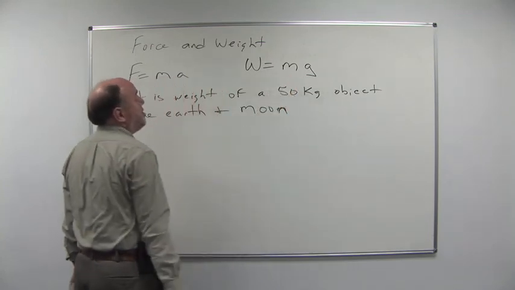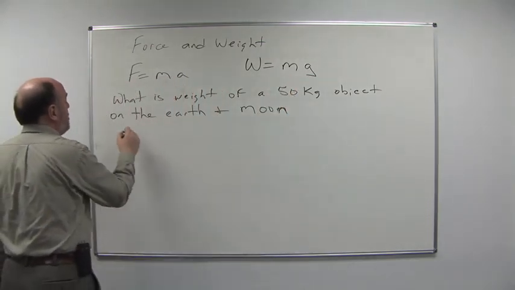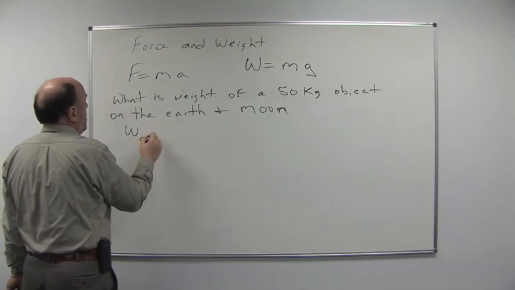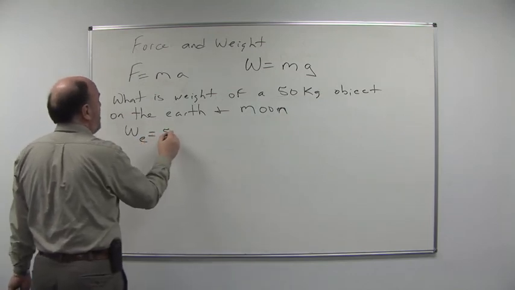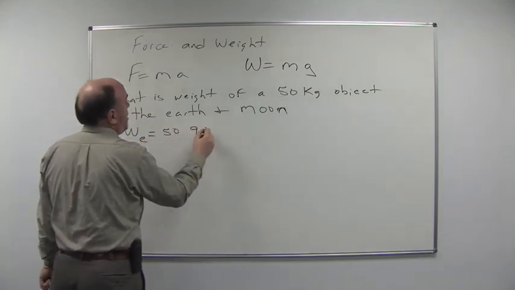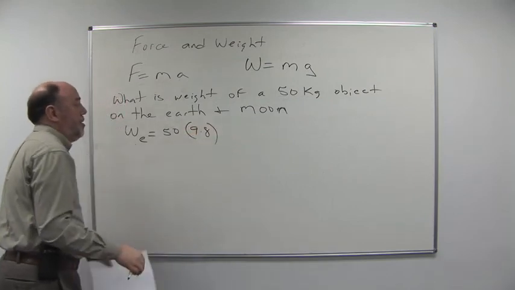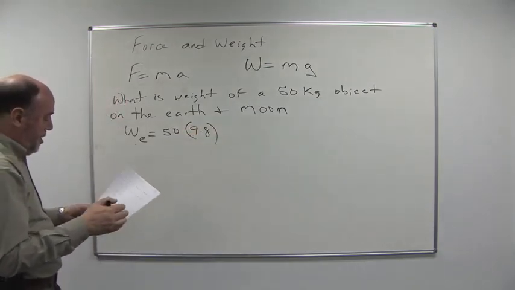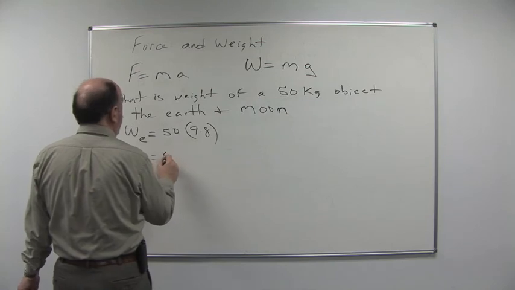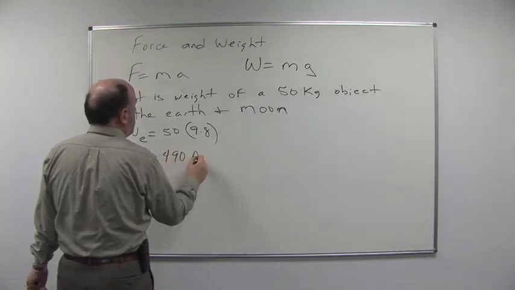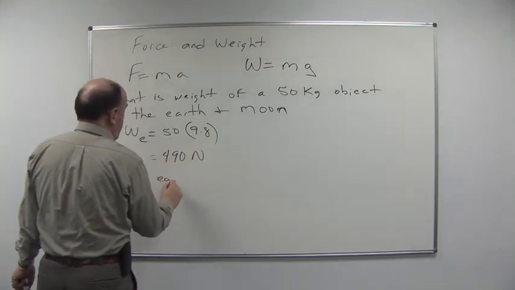We're going to use the same equation both times. First, the weight on the Earth is the mass, which is 50, times gravity on the Earth, which is 9.8. This comes out to be 490 newtons on Earth.